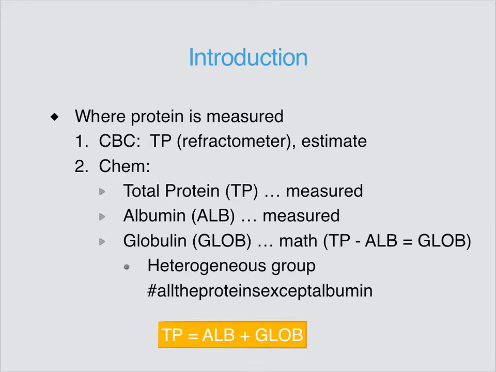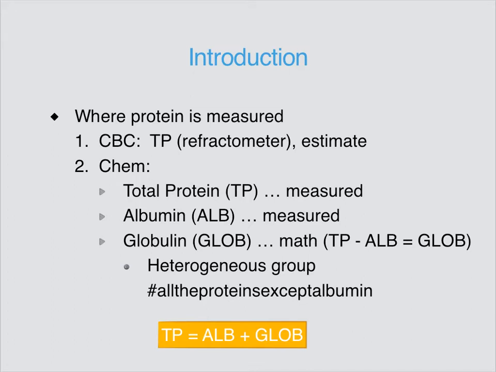So if you see a discrepancy between the total protein on the CBC and the total protein on the chemistry panel, first thing, just assume the refractometer is the one that's wrong and start looking for things like cholesterol and hemolysis and lipemia. All are things that are involved in Chuggle.